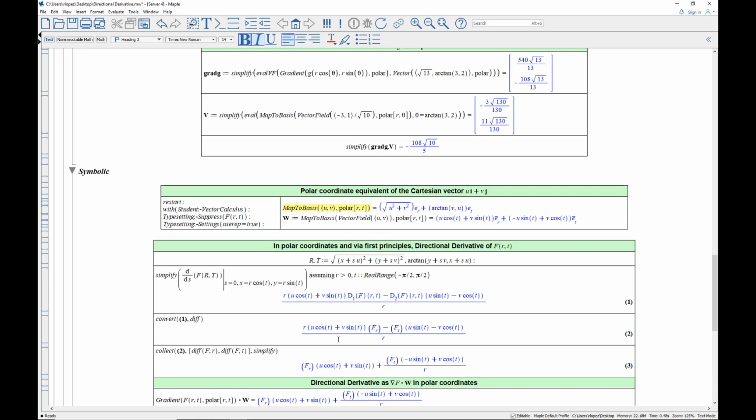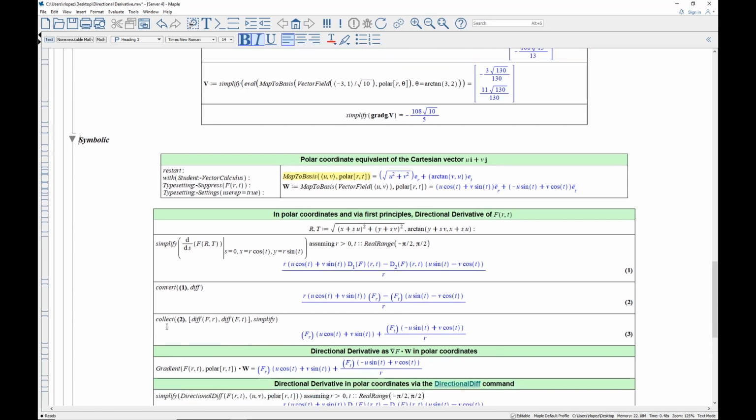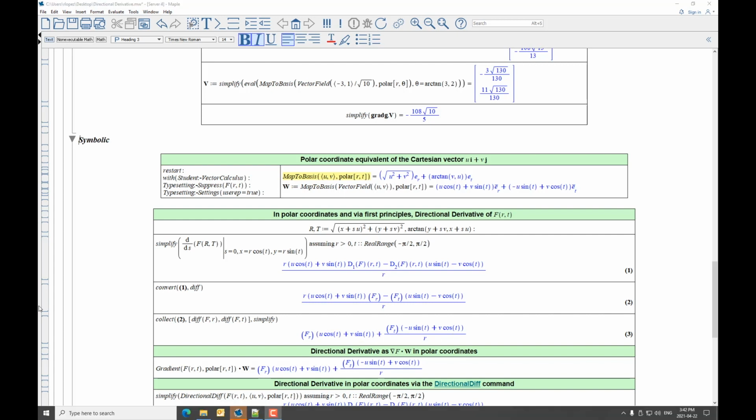I'd like to break this up because this r will cancel here, but not here. And so I use the collect command, and you split this plus this.